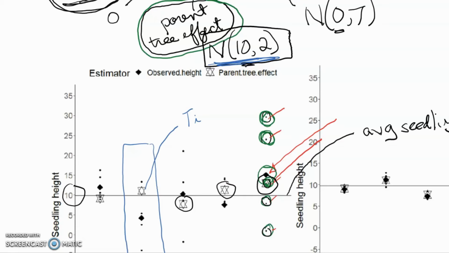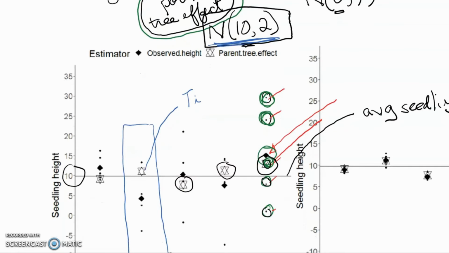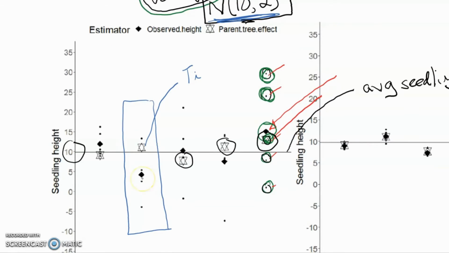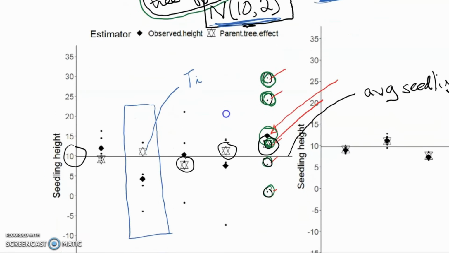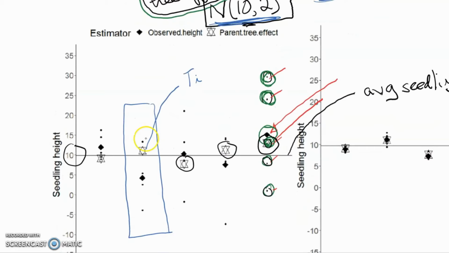But the observed values, represented by these black dots, you can see there's a fair amount of scatter because those seedling effects were drawn from a population that had a very high standard deviation of 7. So there's our 1, 2, there's a third one here slightly hidden, 4, 5 seedling effects.